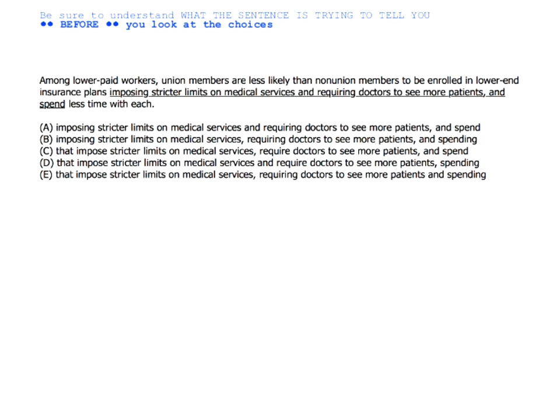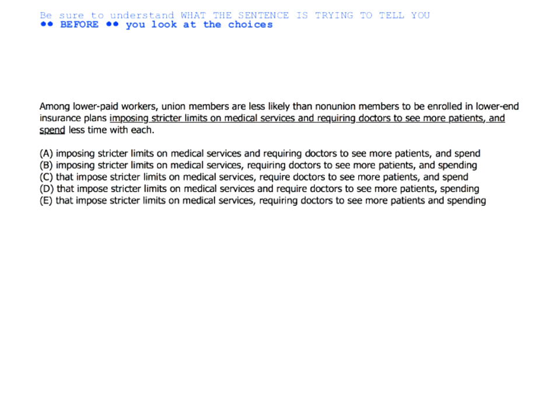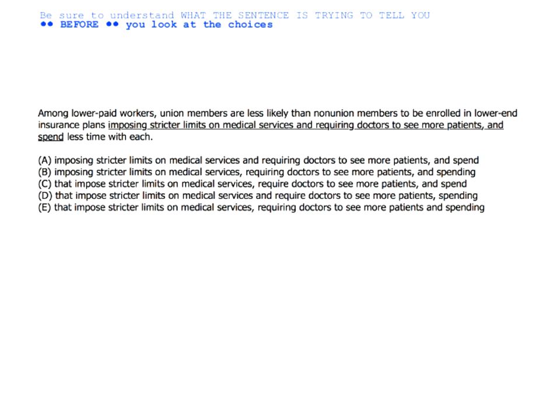Okay. Let's talk about what the message of this sentence is. So, all right. Some people are less likely than other people to basically be stuck with bad health insurance, but since this is the part that they're flipping around, we want to make sure that we know especially what is going on in that part.